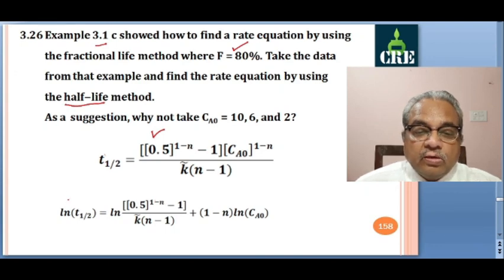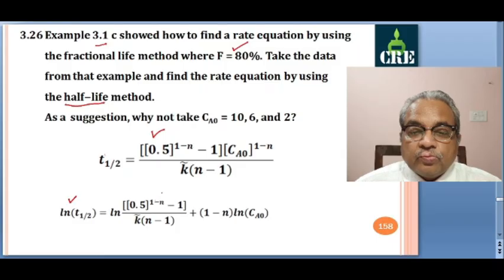If you take natural log of both the sides, ln of T half is equal to ln of this complete term, when k is constant and n is constant for a given reaction. So this we have written as ln of this complete constant plus 1 minus n into ln of CA0.